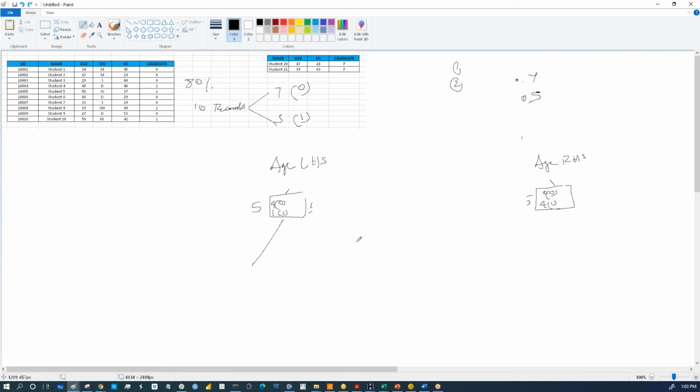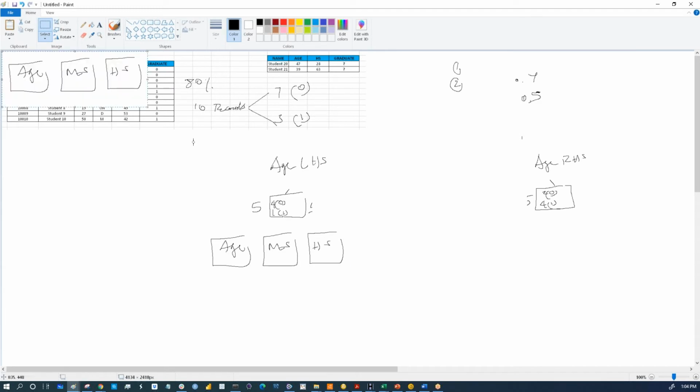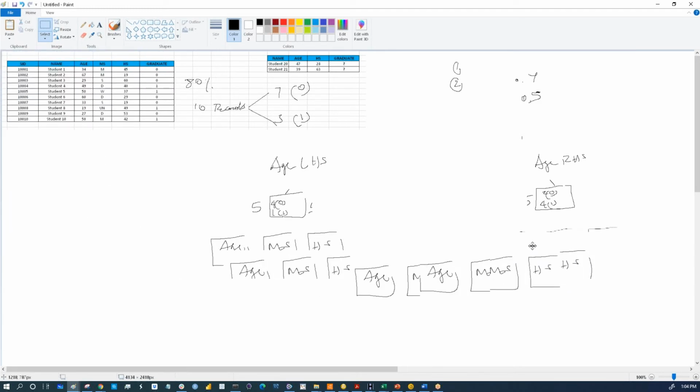It is going to split on age again, on marital status, and on hours spent. So now it's going to split on the remaining of the age and then take the mean of that.